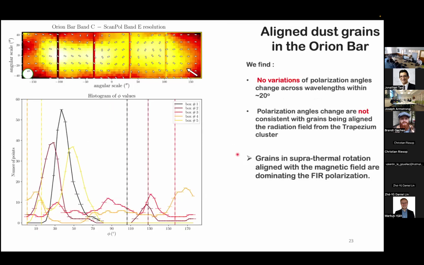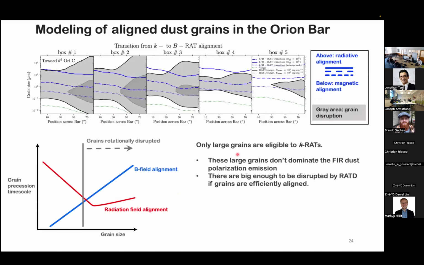First, we found that those grains are not aligned with the irradiation field. This was expected, but I can come back to it later. But comparing the grain alignment theory with the observation, we indeed found that the rotational disruption is likely happening in the very inner edge of the PDR, where the irradiation is very high.